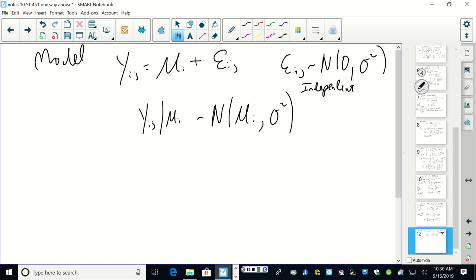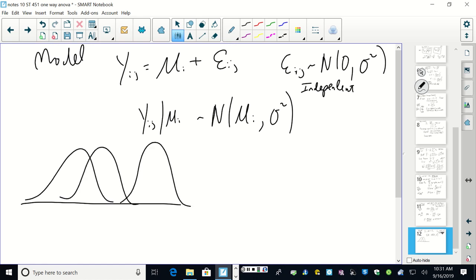So here are pictures that would come out of this ideal model. You could have one normal here, another normal over here, and then something else over here. So maybe these are groups 1, 2, and 3, and these are the distributions for the Yij's. Maybe you have two groups that are a little bit different, and one that's a little bit higher.